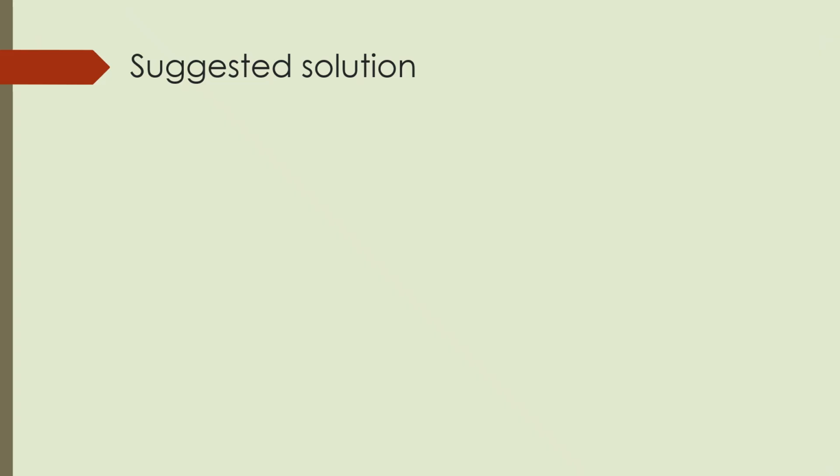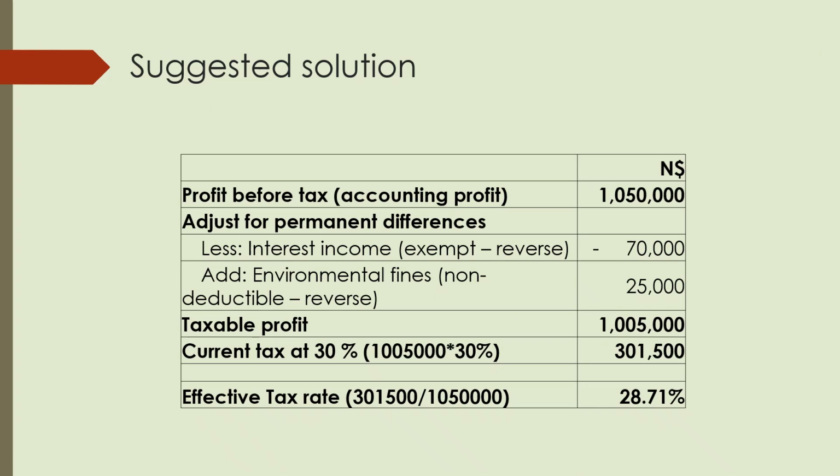Suggested solution. In order to calculate the taxable income and the current tax expense, we have to convert accounting profit to taxable profit. The accounting profit that we were given was 1,050,000 Namibian dollars. We then adjust for permanent differences. The first permanent difference was the interest income, which is exempt.